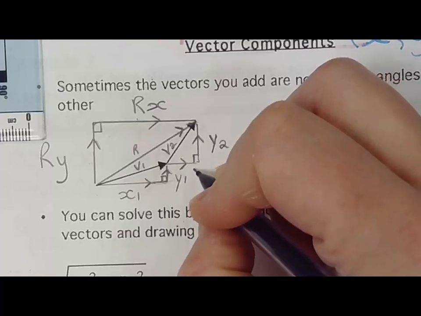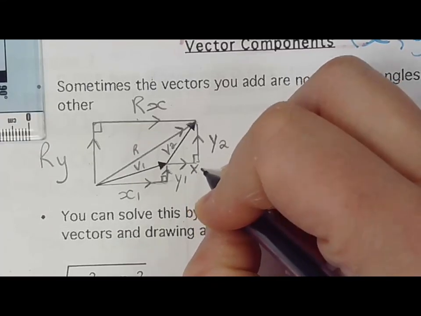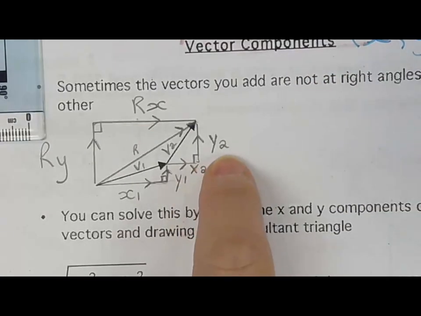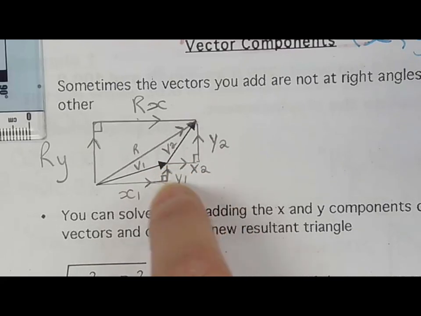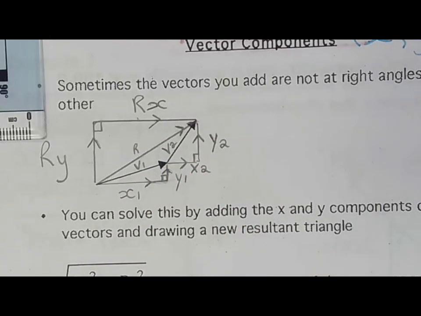And here, see how it's kind of tight? That's why I wanted to draw them both so you could see what I'm labeling. Hopefully, this is x2 and this is y1. They're close together, so hopefully that's clear. So ultimately, guys, you can visually see, you can observe this. They sum to give you Rx and Ry.